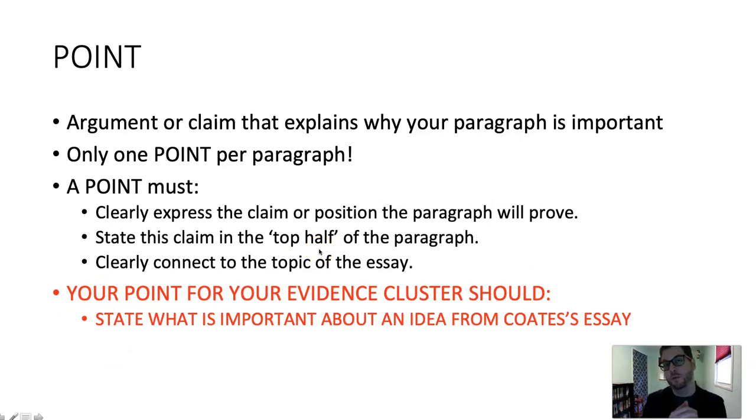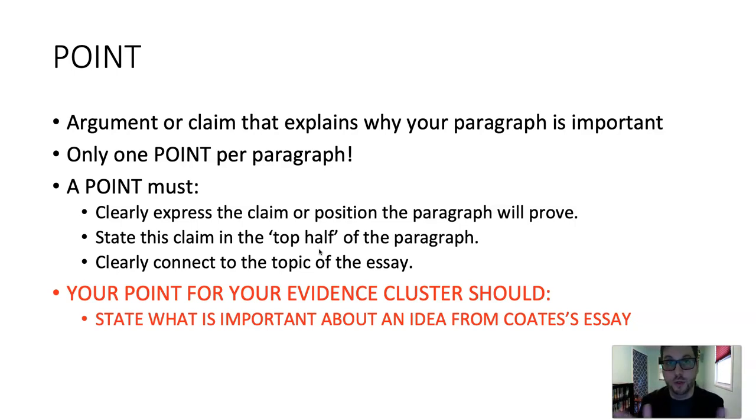So let's start with the very beginning, the P part of the PI paragraph structure. This is called the point. Every paragraph that you write should usually have a point, a main idea, a topic sentence. Now, you should only ever have 1 point per paragraph. One of the common mistakes beginning writers make is they will take multiple points, multiple ideas, and smoosh them together.